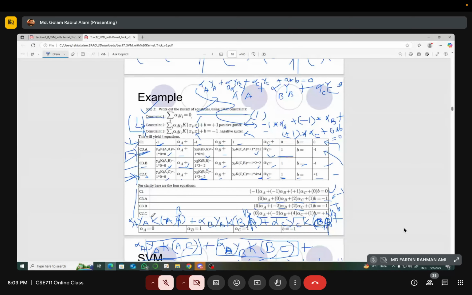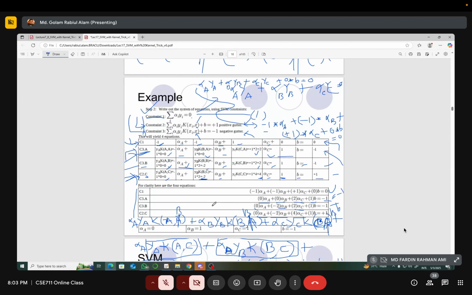So now our target at first is to find out the values of alpha A, alpha B, alpha C and b here. That means we have four unknowns, and we have four equations.